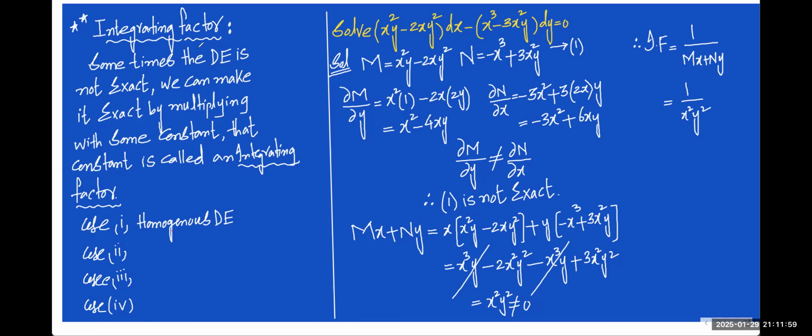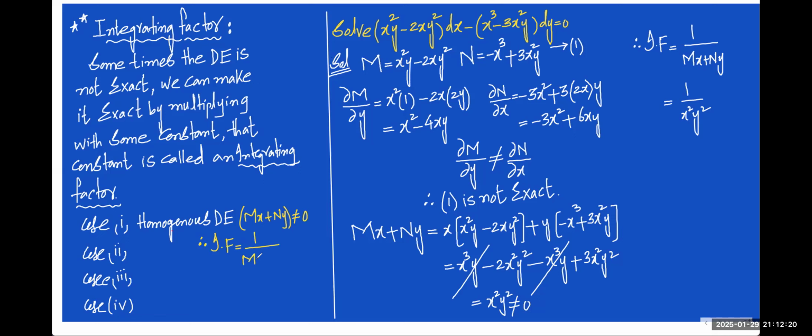This is the case 1 rule. Mx plus ny should not be 0. Therefore, case number 1 I am talking about. Therefore, integrating factor is equal to 1 by mx plus ny.